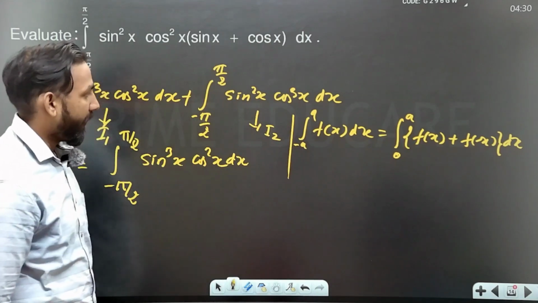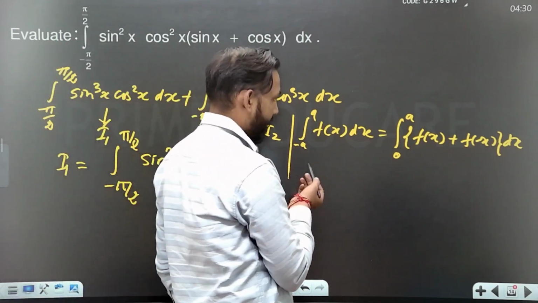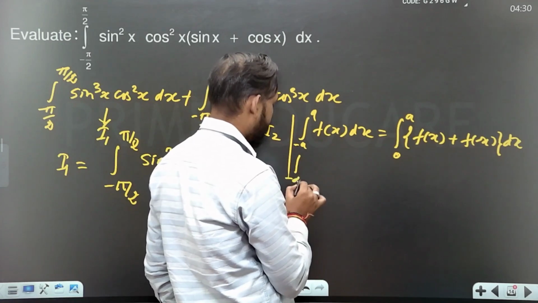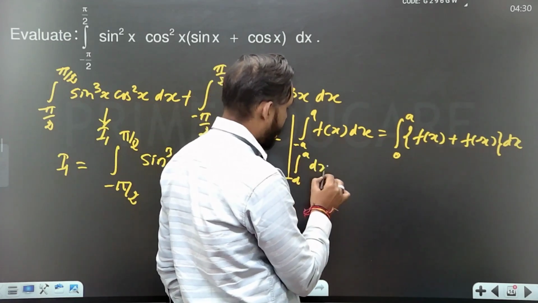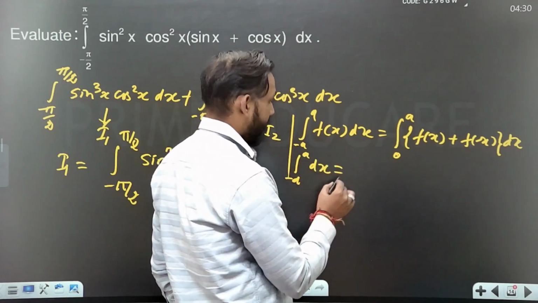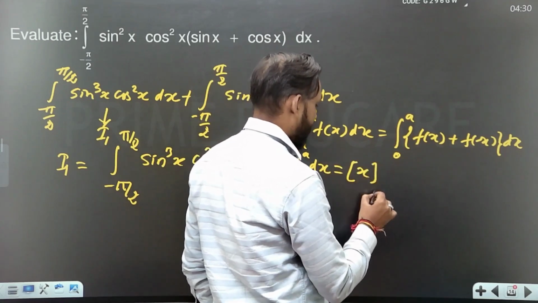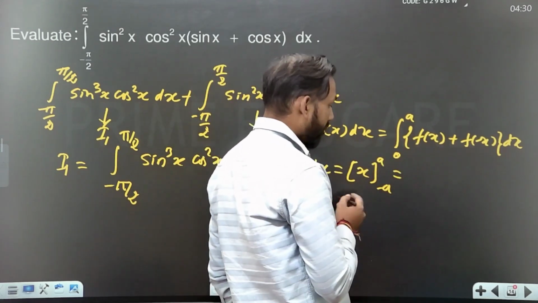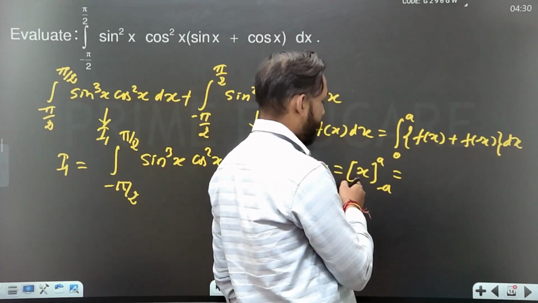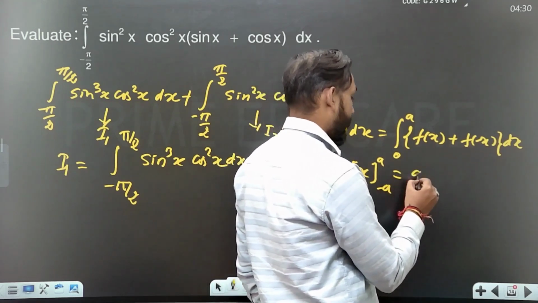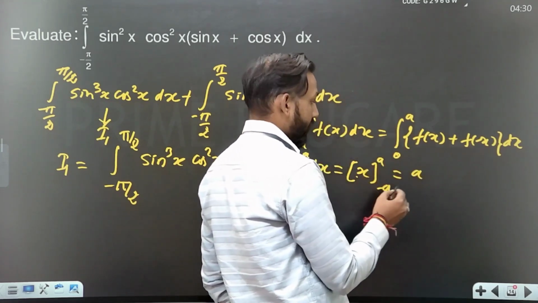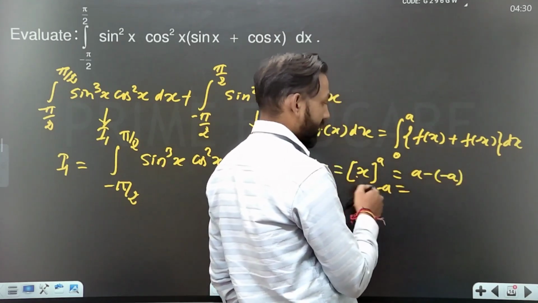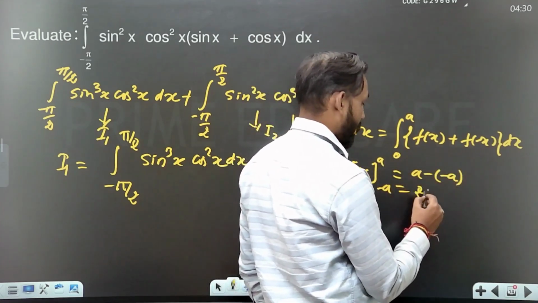If we want to verify this, we can take any function, like only dx. Then the integration of dx is x, and from minus a to a we get a minus the lower limit of minus a, which gives 2a.